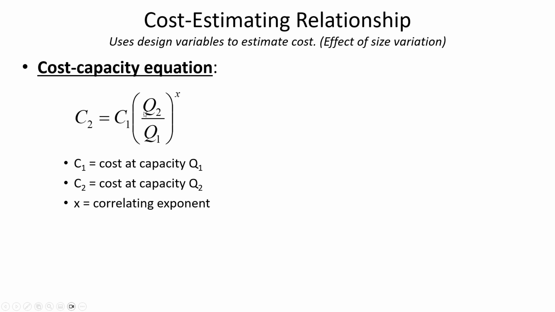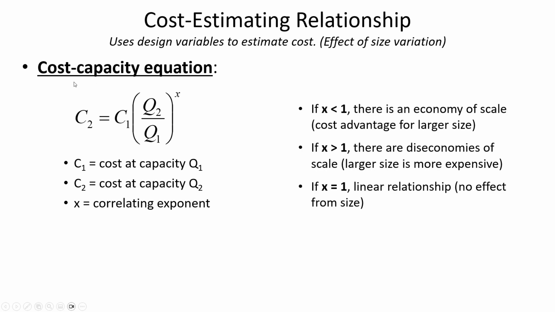Q2 is the size of the thing that you're trying to predict the cost for. So item 2 is the item that you're trying to predict the cost for. And so you take the ratio of the sizes to the power of the correlating exponent and then use that to predict what is the cost of the second item.